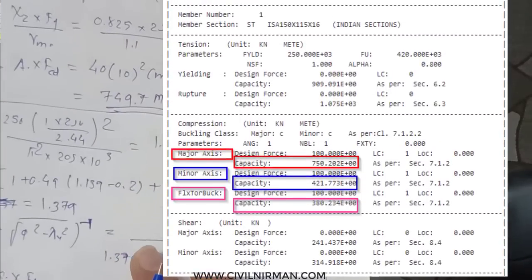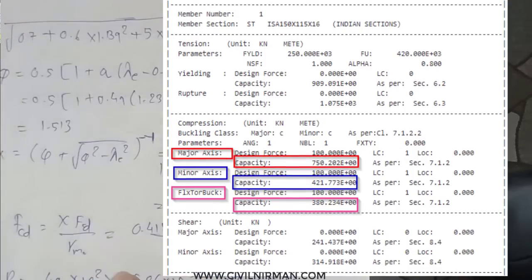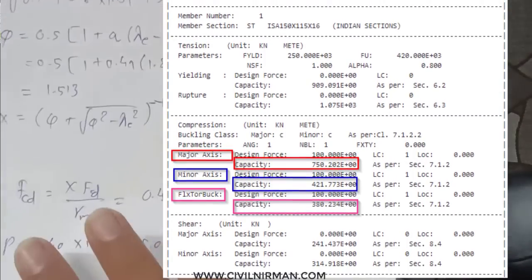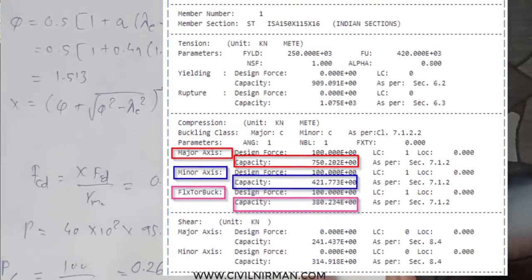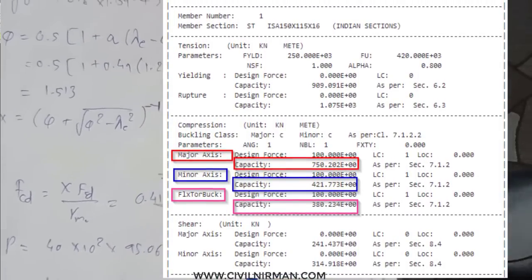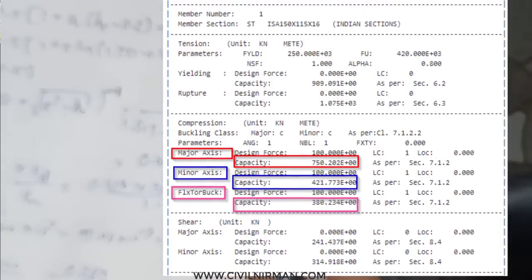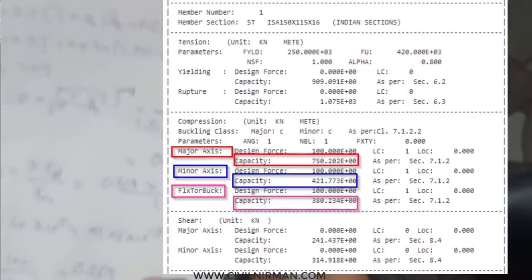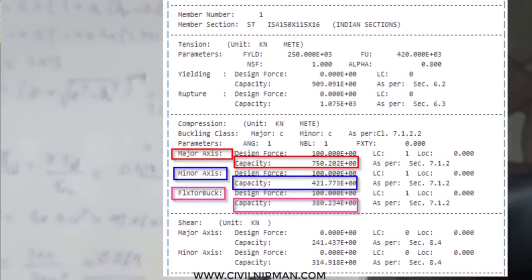And we have checked our actual compression capacity for the flexural torsional buckling, worked out for the single loaded leg, that we got as 380.2. And the utilization ratio based on the minimum value is 0.263.